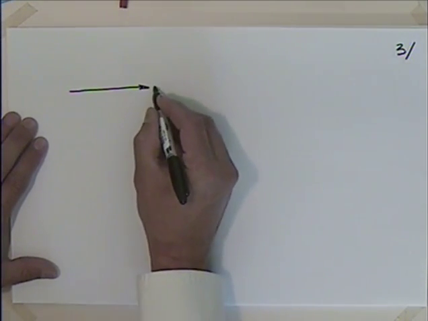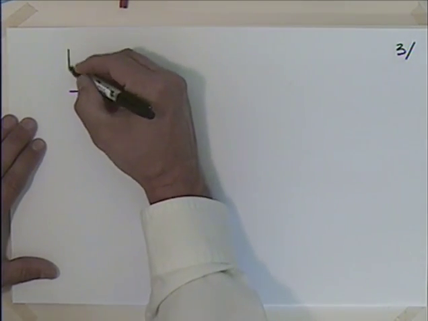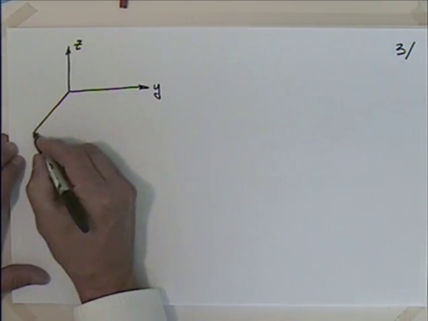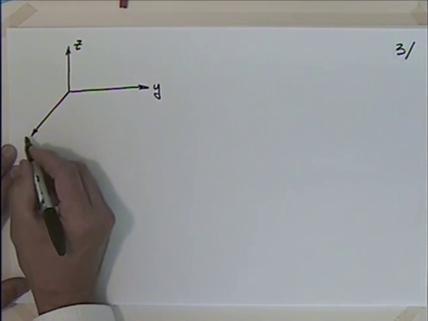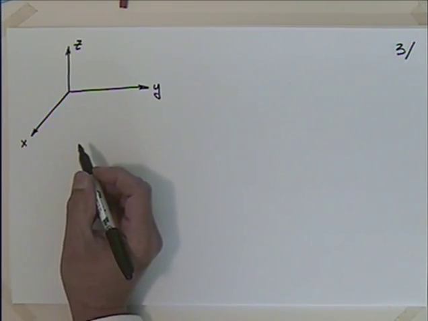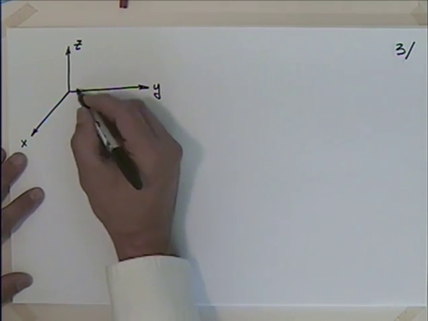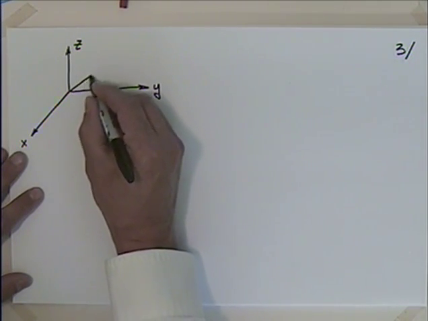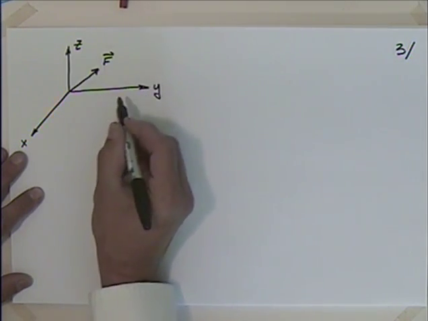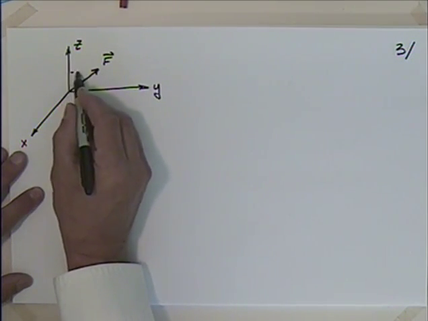So we'll take an example here. Take this as y and z and x, and we'll say that we are given this force vector F. We're kind of given it in a little different sense.